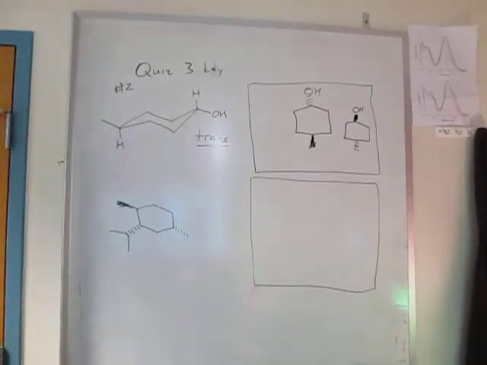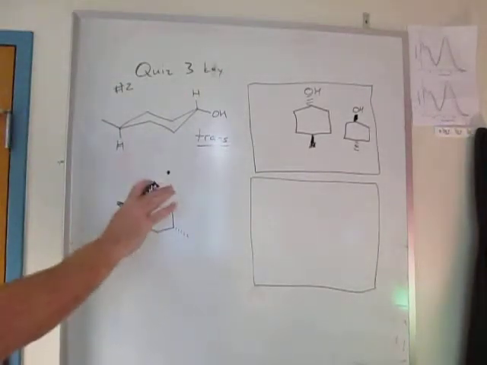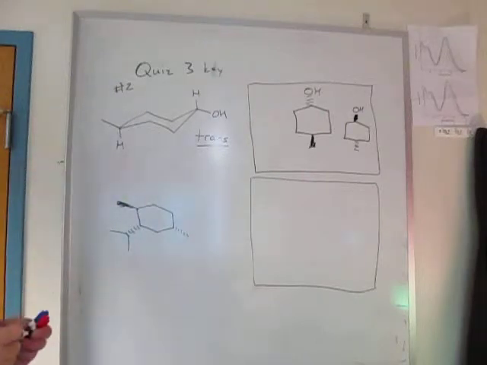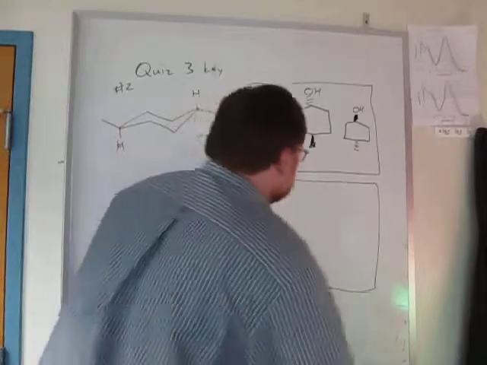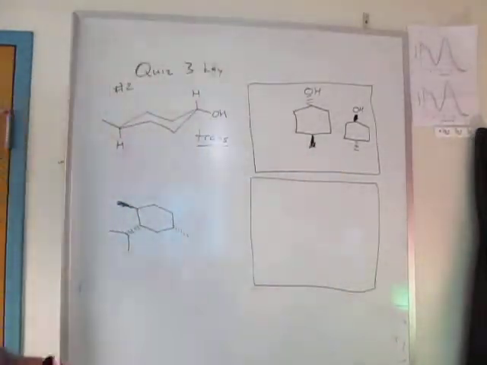Those are identical structures. If you flip the second structure over, it overlaps perfectly with the first. That's because the molecule is achiral, so you can do that. So either of those answers is okay. You do have to have all the wedges and dashes there because it's a trans cyclohexane.